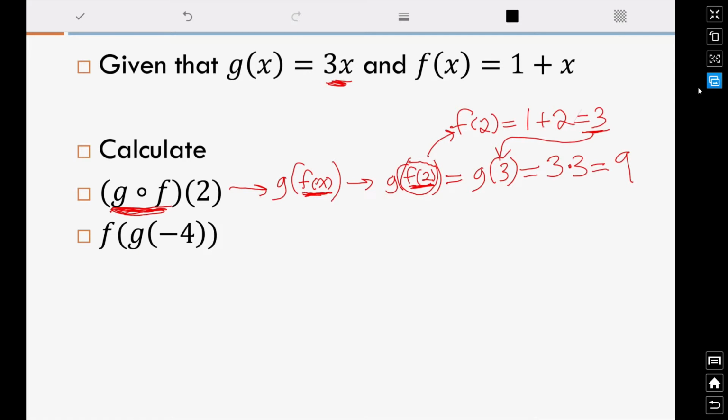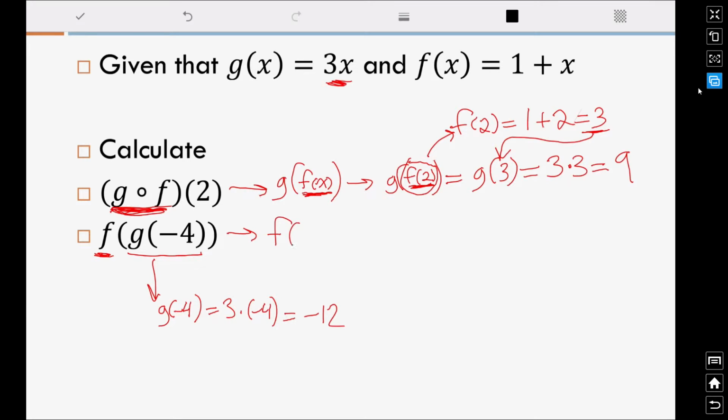Here it's already written in the nice form where we have f and then g of negative 4 inside. So we'll calculate g of negative 4 first. g of negative 4 is equal to 3 times negative 4, which is negative 12.